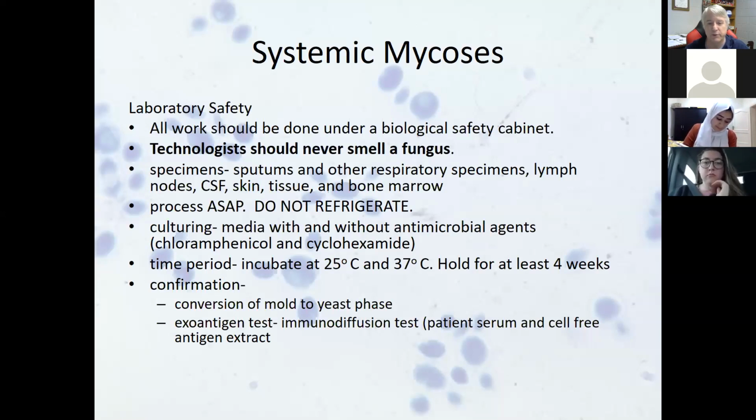Specimens: sputum and other respiratory specimens, lymph nodes, cerebrospinal fluid, skin tissue, and bone marrow. Process them ASAP. Do not refrigerate. Culture media with or without antimicrobial agents, chloramphenicol and cycloheximide.